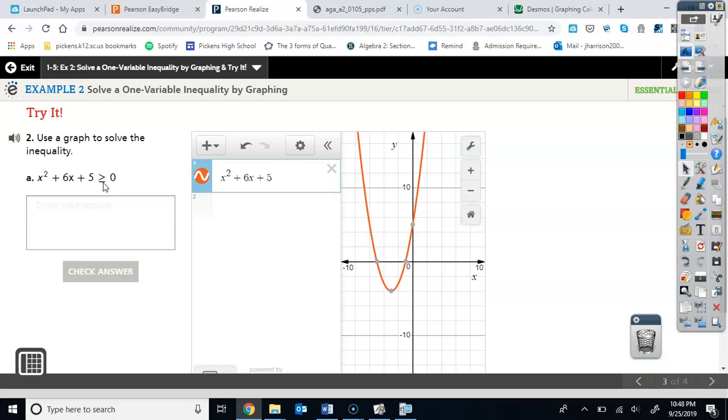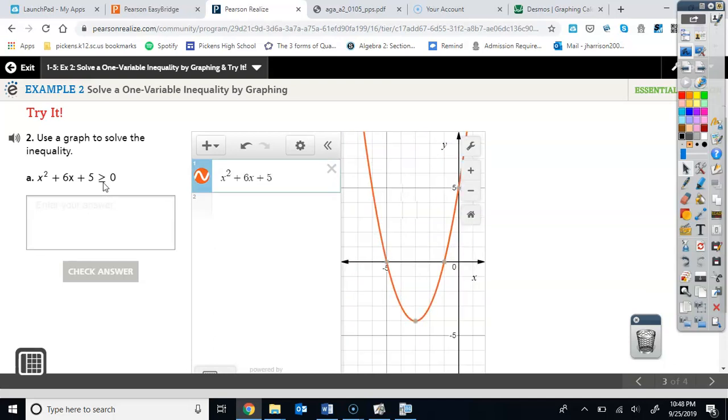So notice what I said earlier, the greater than or equal to 0 is going to be important here, because what's the y value here? 0. What's the y value here? 0. So the intercepts are actually also going to come into play on this one.